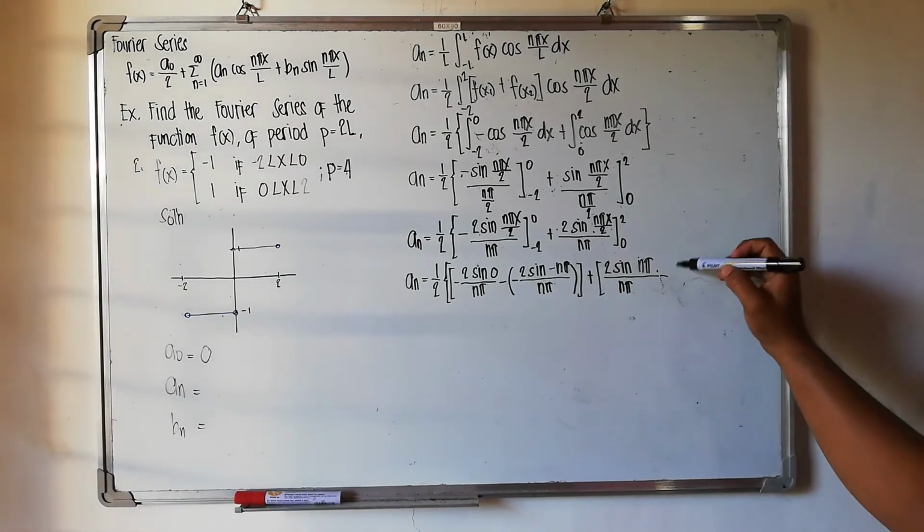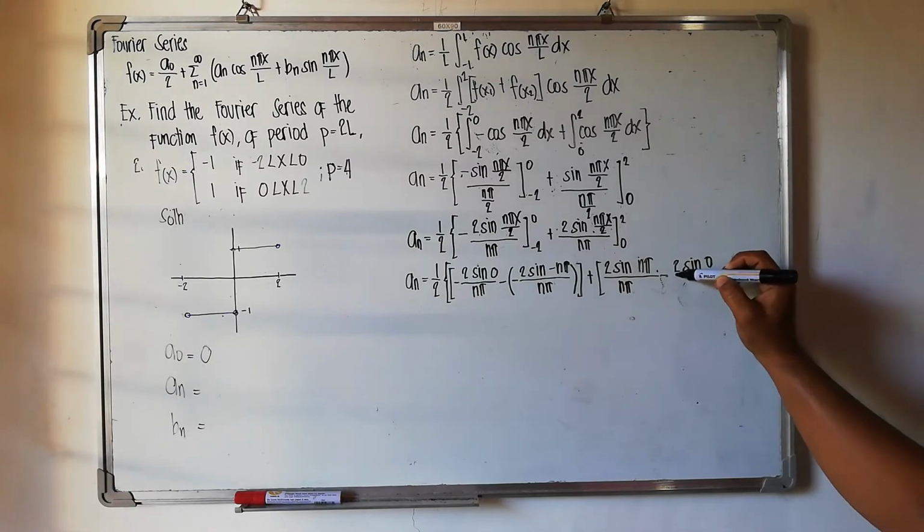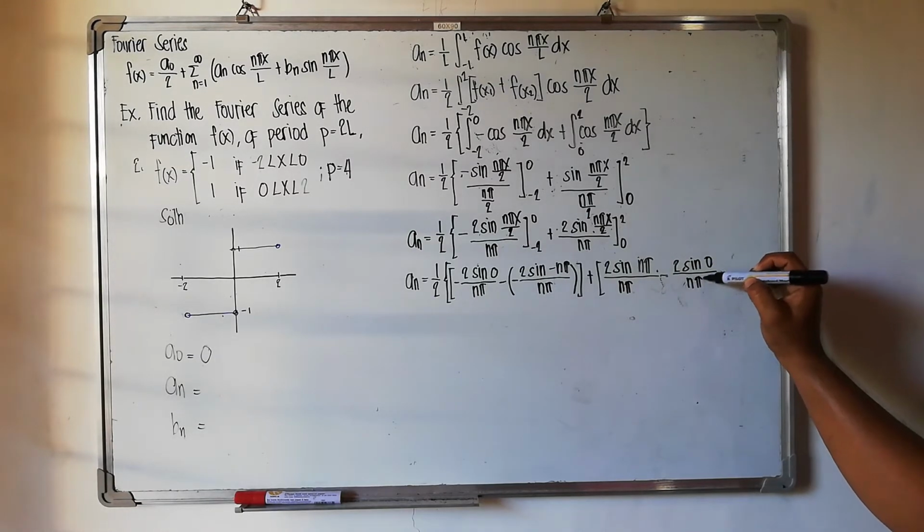This is 2 sine 0 minus 2 sine 0 divided by n pi.